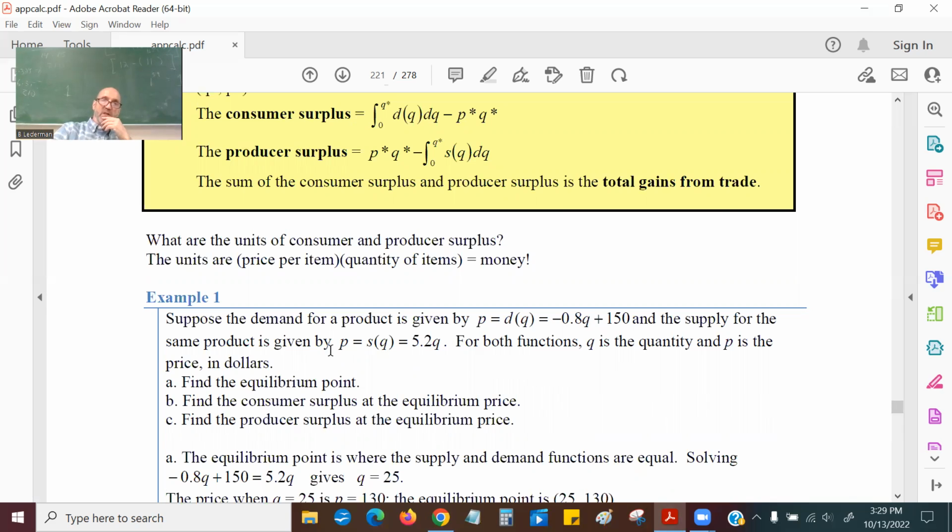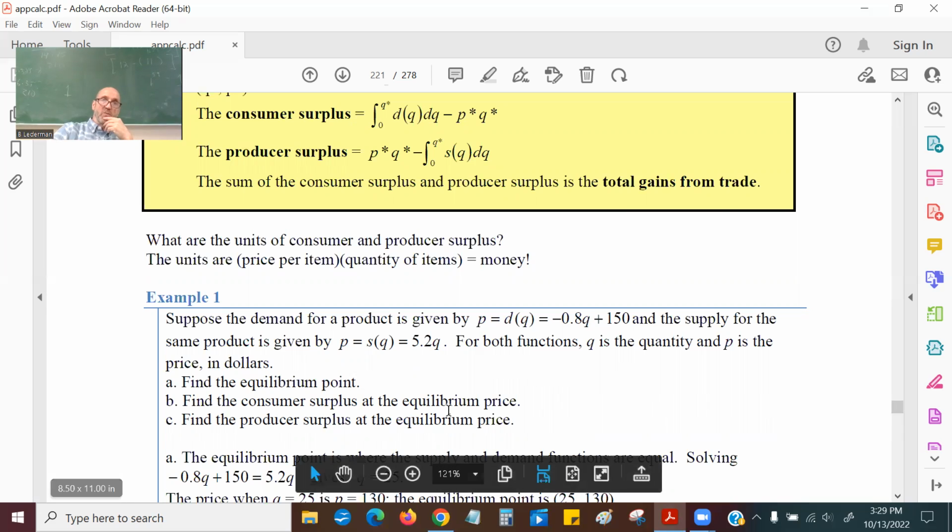We want to find three things. We want to find the equilibrium point, a very, very important point. Find the consumer surplus at the equilibrium point, and find the producer surplus at the equilibrium point. These are all super important to find.